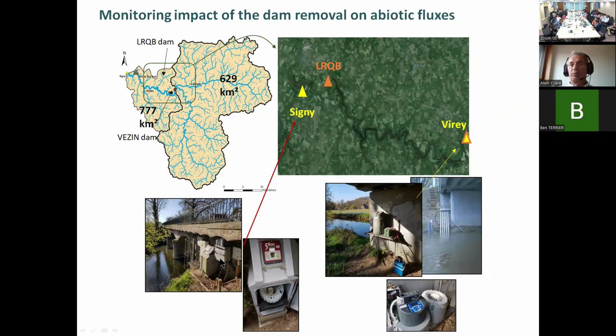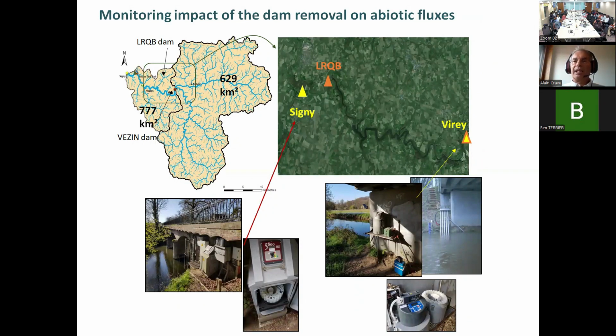You have different probes, and you also have a sampler that is able to sample during the flood and observe the evolution of the concentration of the parameters during the flood. More or less, we get 24 samples at each flood that comes through the station.